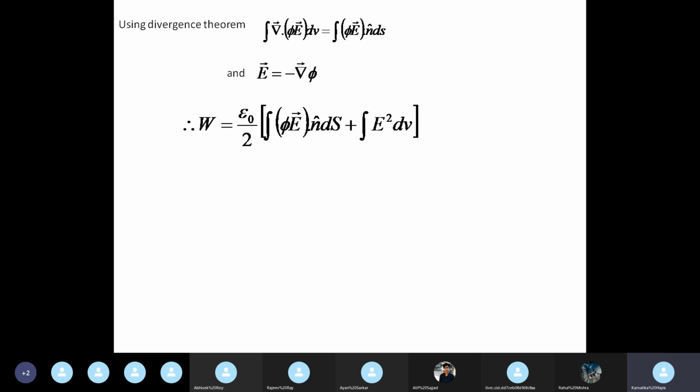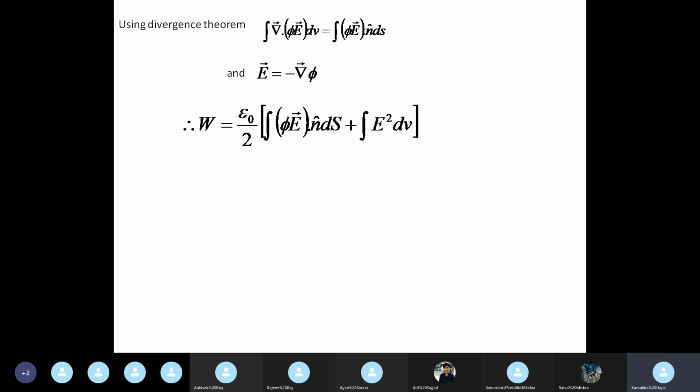But since you have increased the volume, this contribution becomes larger. So obviously this contribution must decrease so that the work done value remains constant. So if you keep on increasing the volume of the region, then the surface term will keep on decreasing.